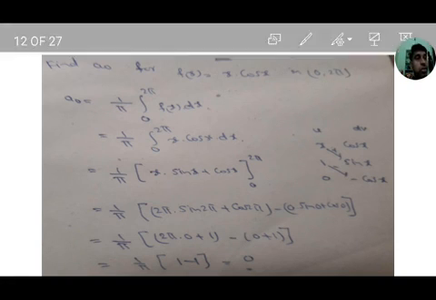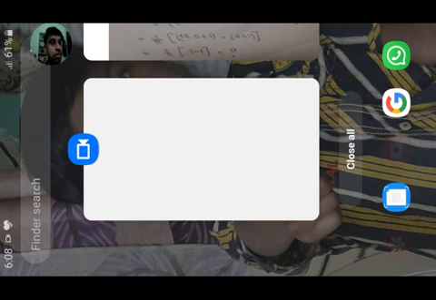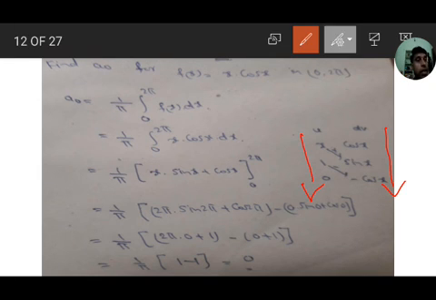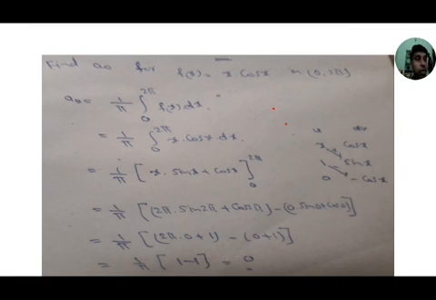We take derivatives of x and integrations of cos x. u into v, u dash v1, u double dash v2, alternating positive and negative: uv minus u dash v1 plus u double dash v2 minus u triple dash v3, like this. u1, u2, u3 are successive derivatives of u, and v1, v2, v3 are successive integrations of dv. Next problem. Go through the problem. We will move to the next problem.